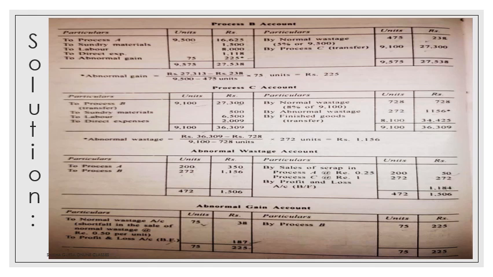Then we have sundry materials, sundry labor, direct expenses, and we have closing balance of 9,100 units given in the question, and normal wastage is 5% for process B. So 5% of 9,500 units is 475. But in this case, if you see, we have the balancing figure on the debit side, means we have abnormal gain in this question. Then we'll use the same formula to find out per unit cost.